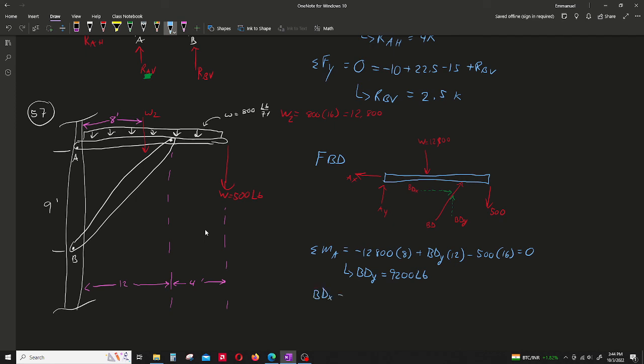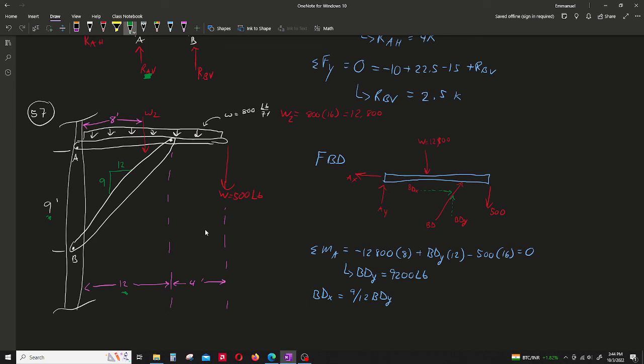BD in the x direction is going to be equal to 9 over 12 of BD in the y direction. And we get this because we do know that, you know, the distance. We know that this is 9 from right here. We also know that this is 12 from right there.